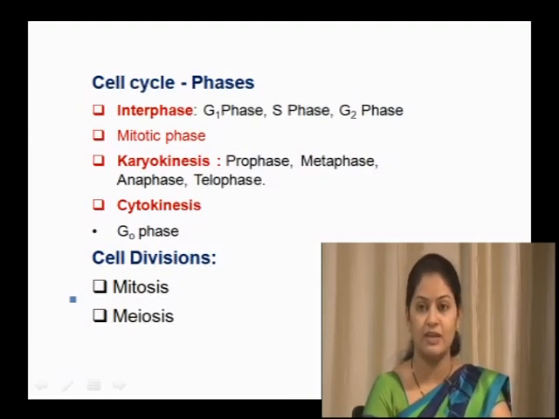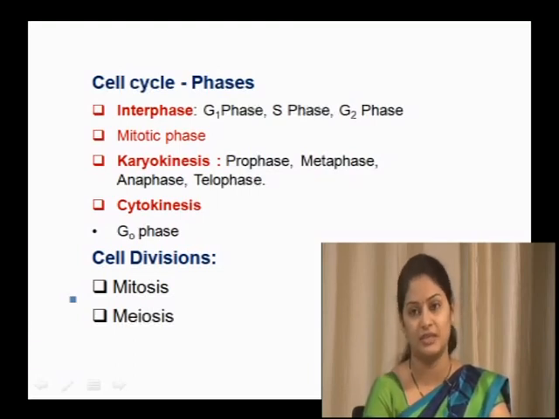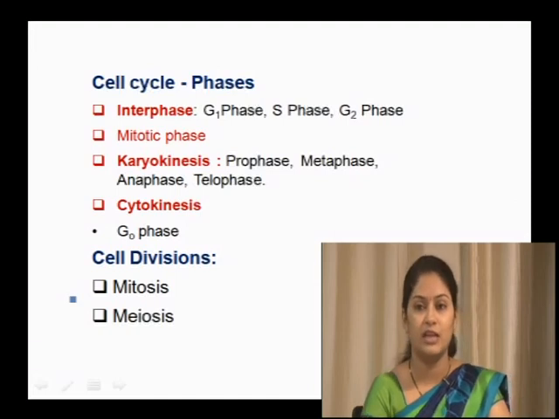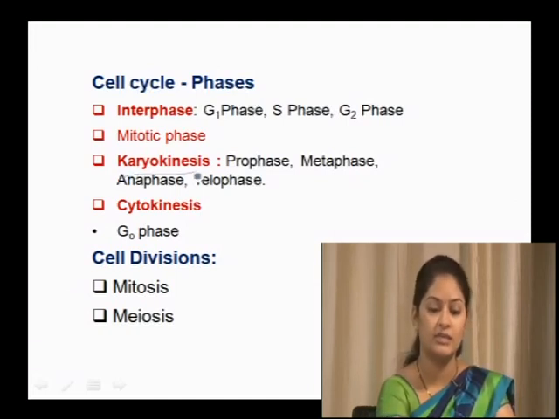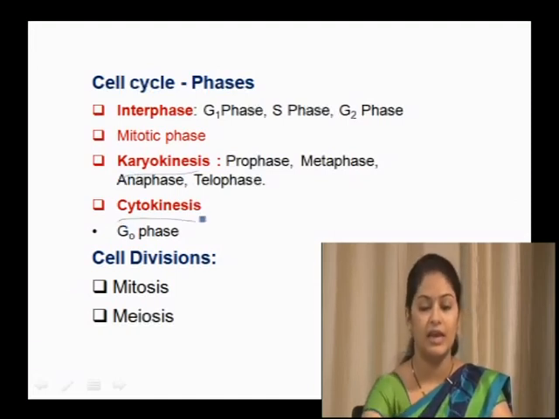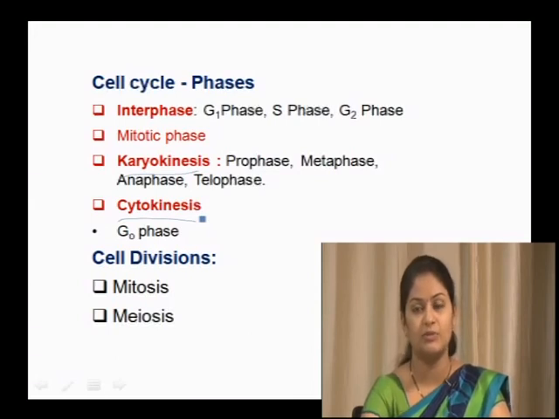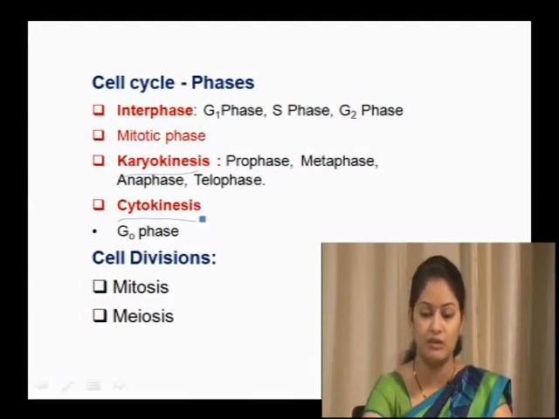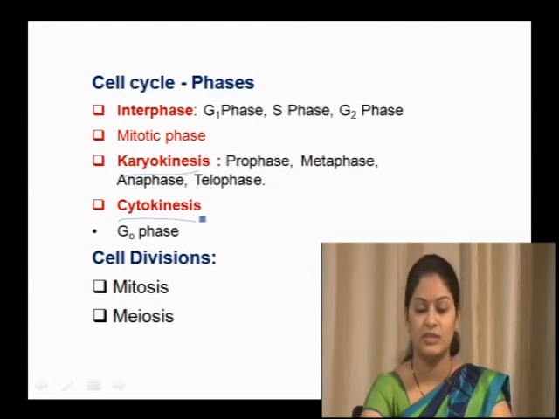Interphase has the substages G1 phase, S phase and G2 phase. Mitotic phase is further classified into karyokinesis and cytokinesis. Karyokinesis is subdivided into stages like prophase, metaphase, anaphase and telophase. And cytokinesis is associated with the division of the cytoplasm.